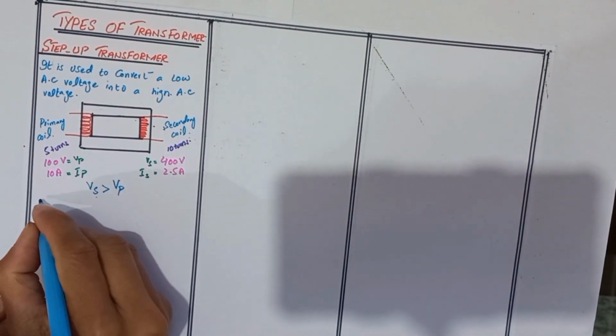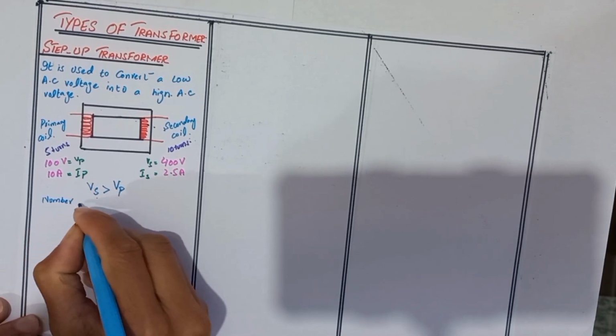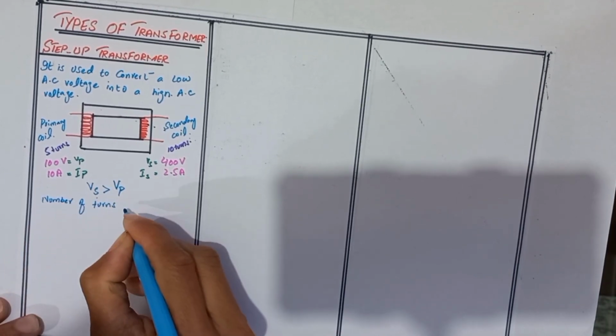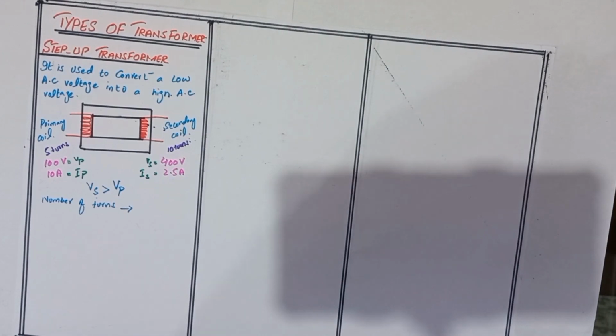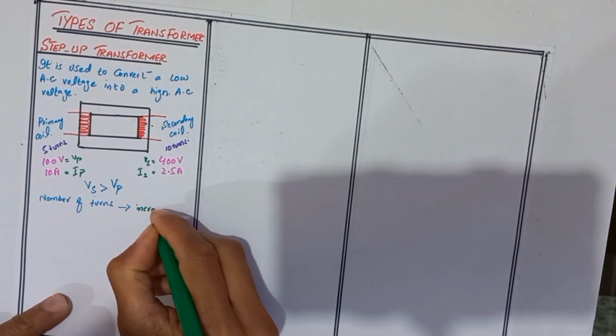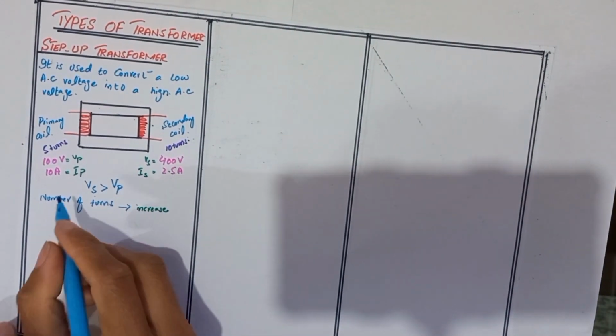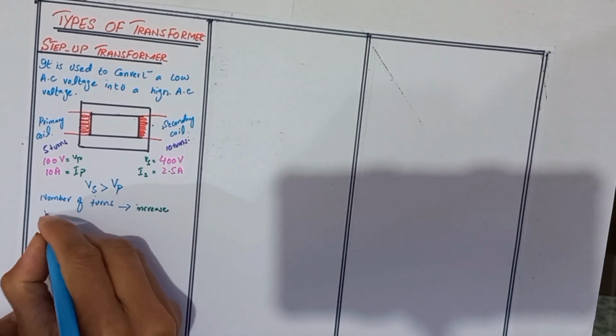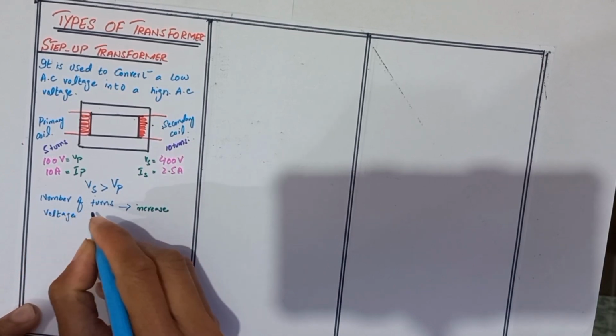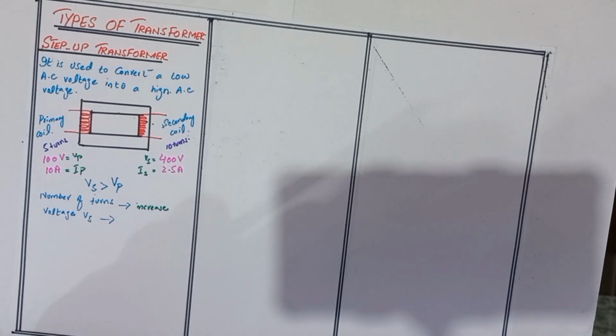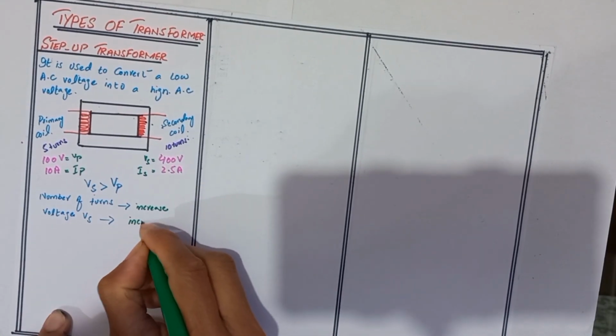So here we write: step-up transformer, number of turns increase, so voltage Vs increases.